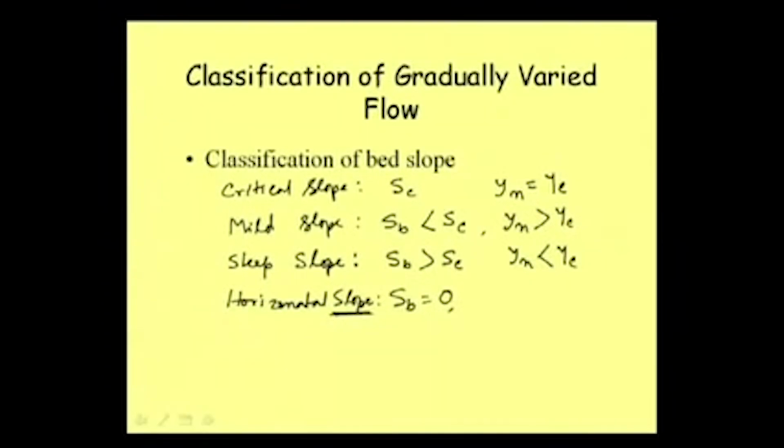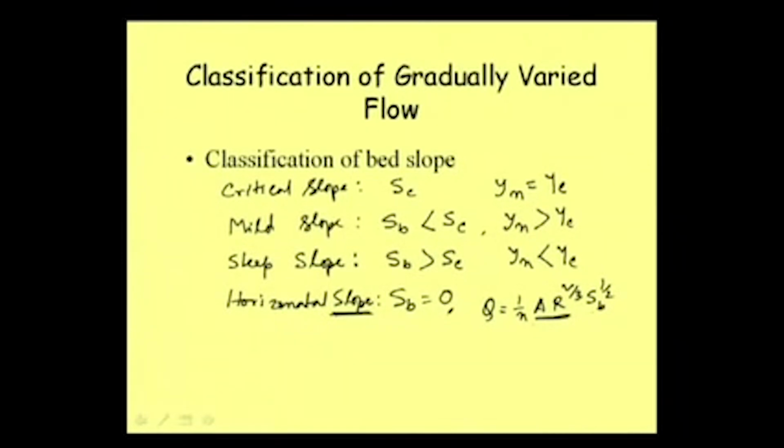If we write the equation for uniform flow, then we get the discharge Q equal to 1 by n times A R to the power 2 by 3 times S_b to the power half. And out of this, on the right hand side, A R to the power 2 by 3 are basically functions of y.